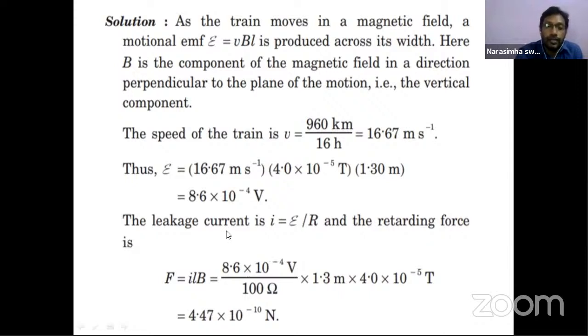Then 8.6 into 10 power minus 4 volts by 100 gives the current here. Into length 1.3 meters and magnetic field 4 into 10 power minus 5 Tesla. So simplify this, you will get the value for force, that is 4.47 into 10 power minus 10 newtons.